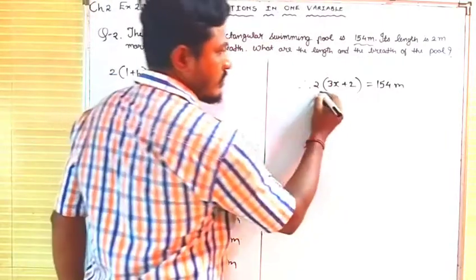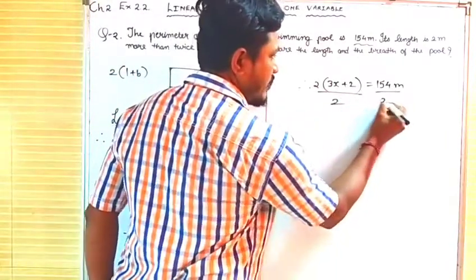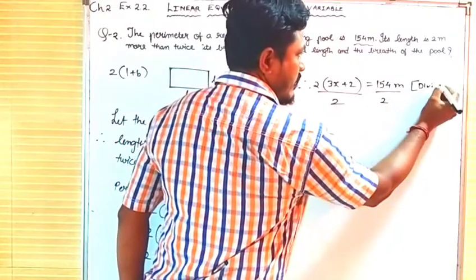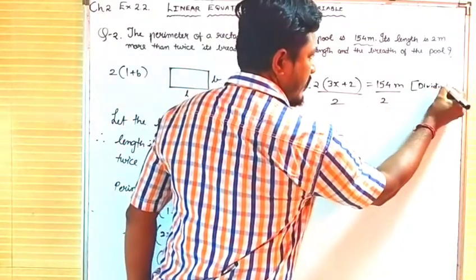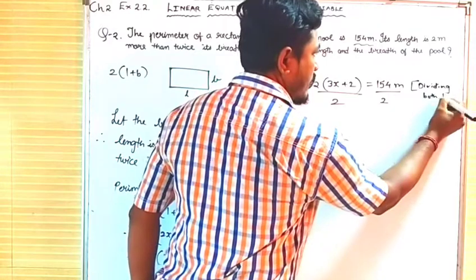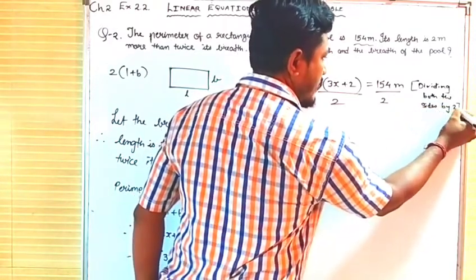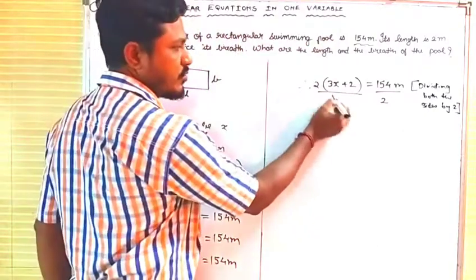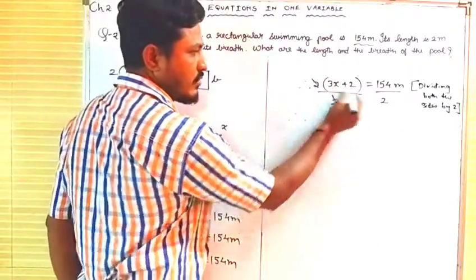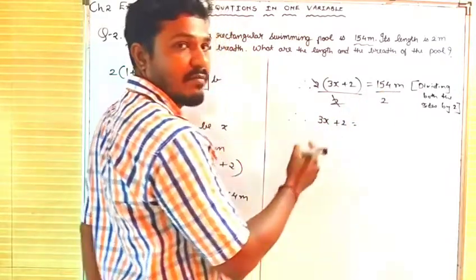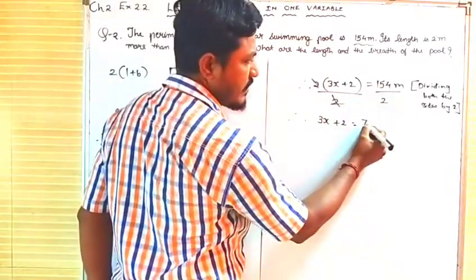I will divide both the sides by 2. In bracket you have to write, dividing both the sides by 2. By doing such, 2 and 2 will get cancelled. What is left now? Now here 154 divided by 2. Half of 154 is 77 meter.